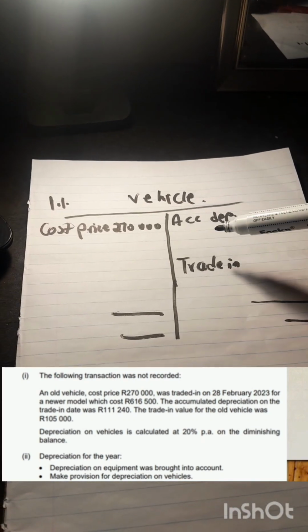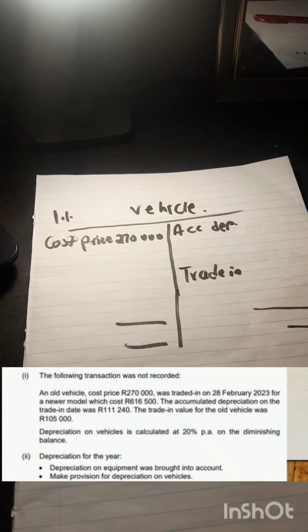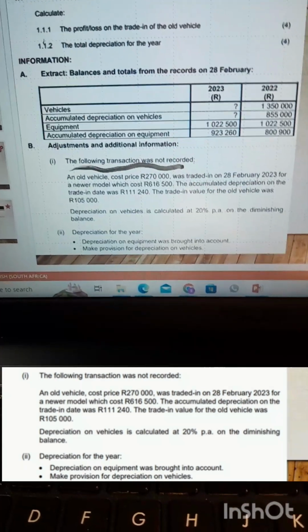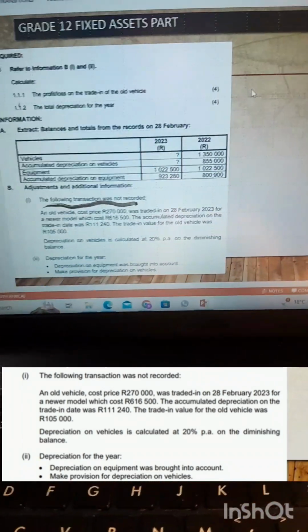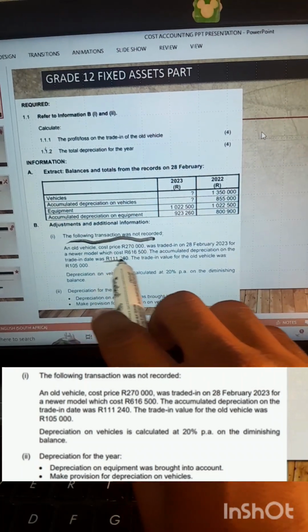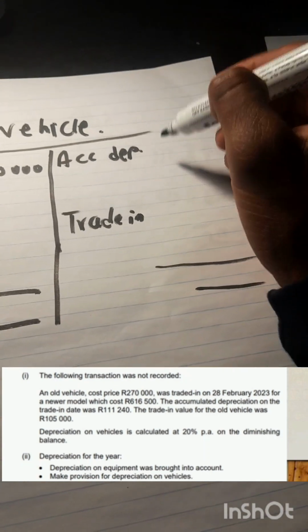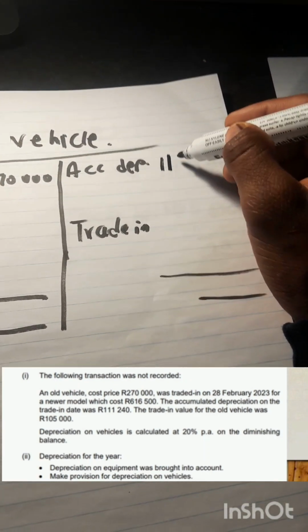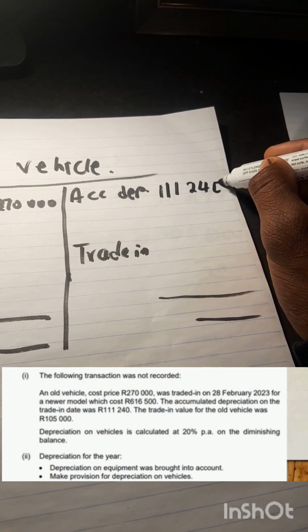Now we're going to find the accumulated depreciation amount and the trade-in amount. They say the accumulated depreciation on the trade-in was 111,240. Now we have the accumulated depreciation, 111,240.